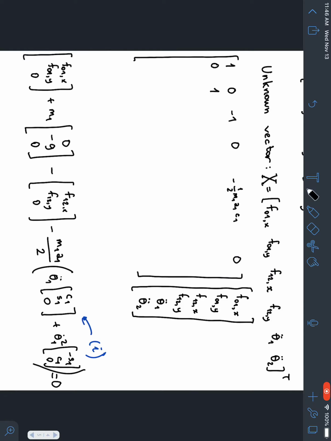What's the coefficient of f12x? 0. What's the coefficient of f12y? -1. The coefficient of theta 1 double dot? Well, it is minus 1 over 2 m1 a1 s1, and then the coefficient of theta 2 double dot is 0.